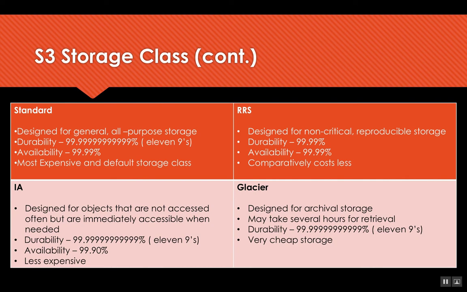Glacier is basically your archival storage. It can take several hours for retrieval of your data. Though it is 99.999999999%, 11 nines, durable, and it's very cheap, the only drawback is that it takes several hours for the retrieval of data. So you usually put your backups here, or data that you might not need for hours, or which will not be urgent if needed.